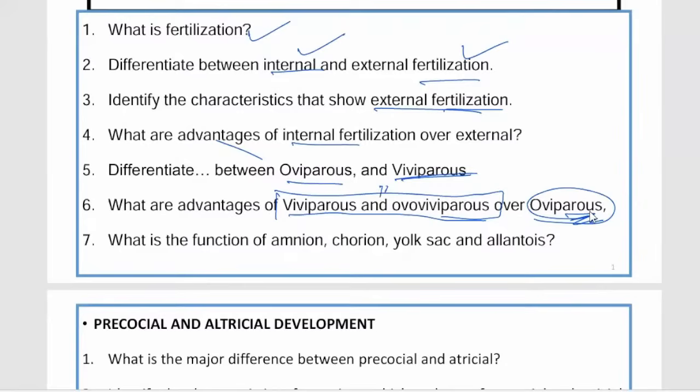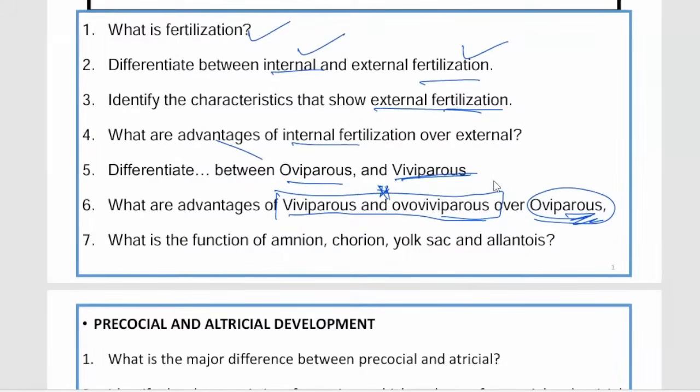While here there is some bit of protection; to get that developing baby, you have to first kill the mother so that you are able to eat those eggs. Unfortunately, for oviparous, it is not the case. The eggs are exposed. And number two, they also experience harsh conditions of the what? Of the environment.